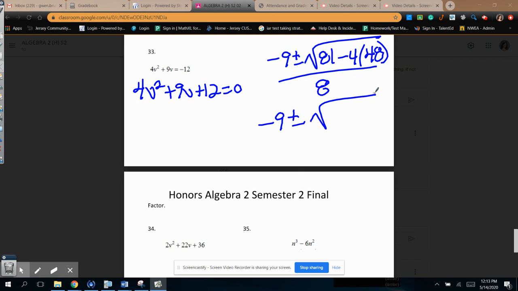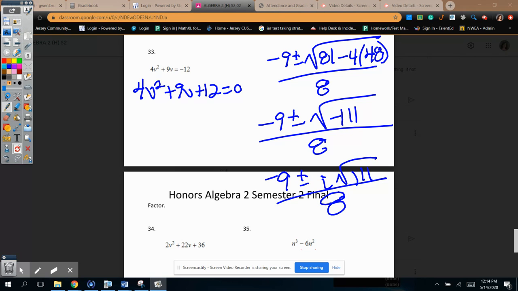I'm using my calculator in my hand here. 81 minus 4 times 48. Negative 111 over 8. So negative 9 plus or minus... 3 goes in there, but it's 3 times 37, which is not a perfect square. So negative 9 plus or minus the square root of 111, all over 8.